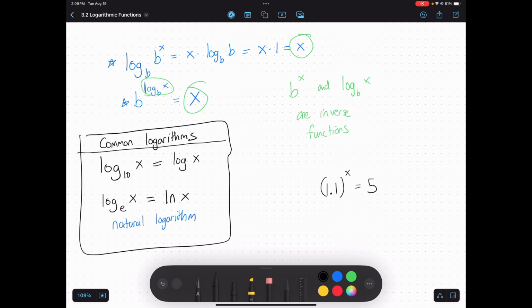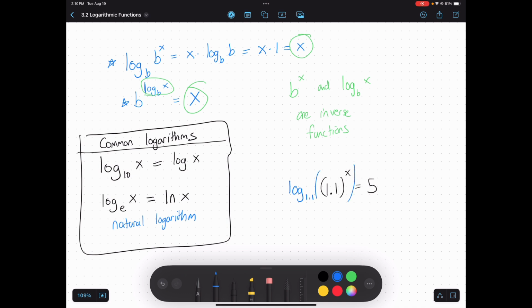Well, there are a couple different ways I can look at this. First of all, I can do so by recognizing that logarithmic functions are inverses of exponential functions. So here I have an exponential function with base 1.1. I can use log base 1.1 to undo this exponential equation with base 1.1.